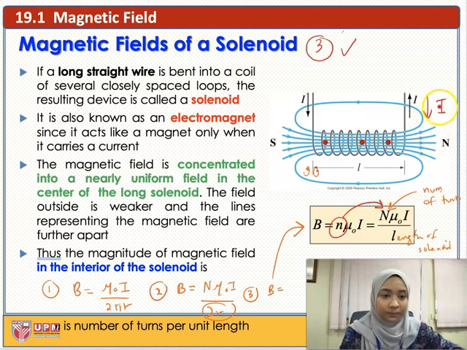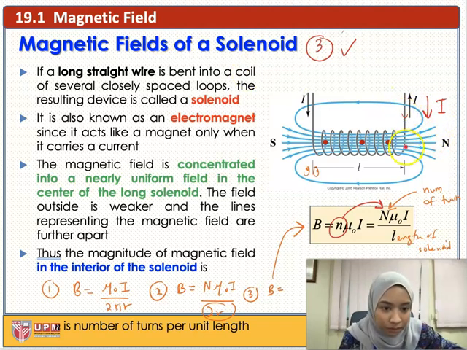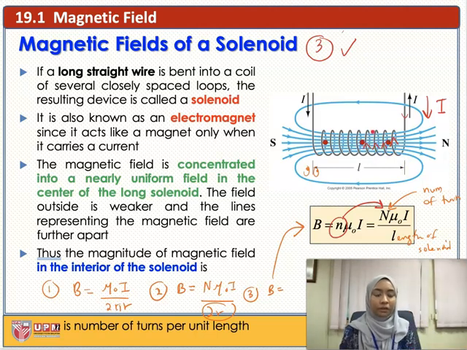So the current will go from here, so it will go up, going up, going up. From my angle, if I curl my fingers, the direction of current should be going up.